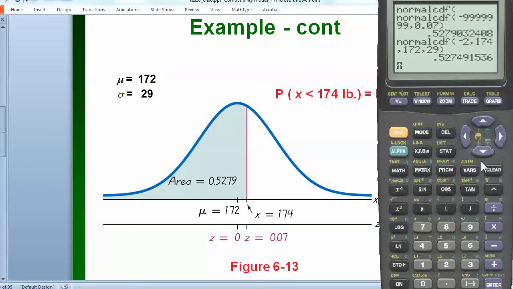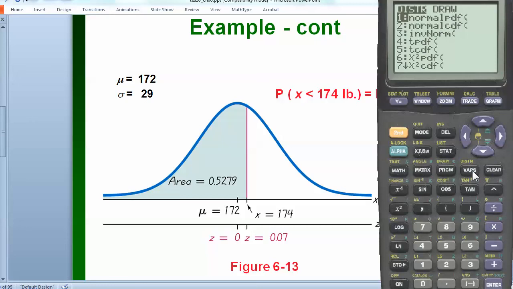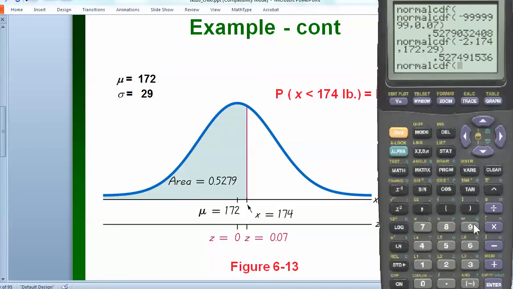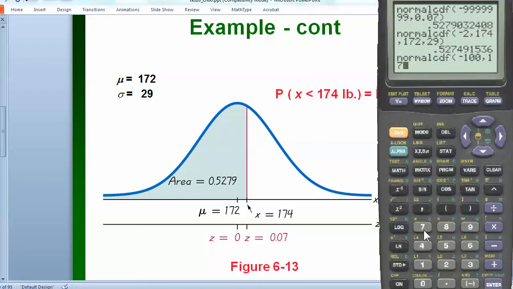If I wanted to, I could go more extreme. I could go negative 100. But notice again that I don't have to go as extreme because I'm not starting from 0. I'm starting from a non-standard mean of 172. Use my right side cutoff value.